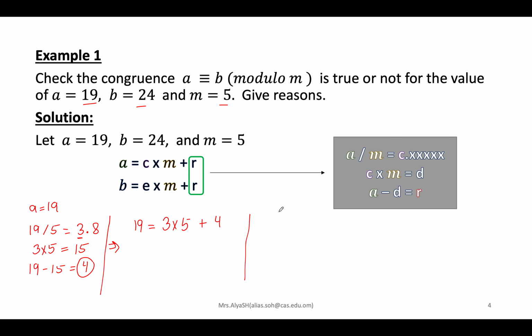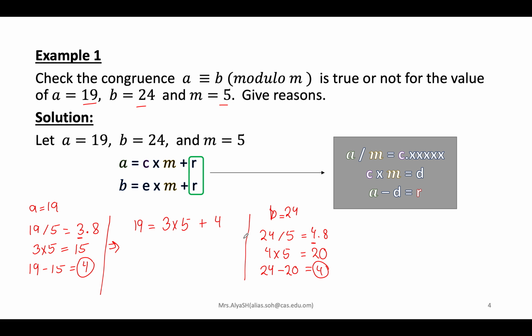Let's do the same steps to find the remainder when I divide B, which is 24, by 5. First we divide 24 by 5, and I get the result 4.8. Then we take the number before the fraction point, which is 4, multiply by 5, and we get 20. Then we subtract 20 from 24, and we got the remainder as 4.